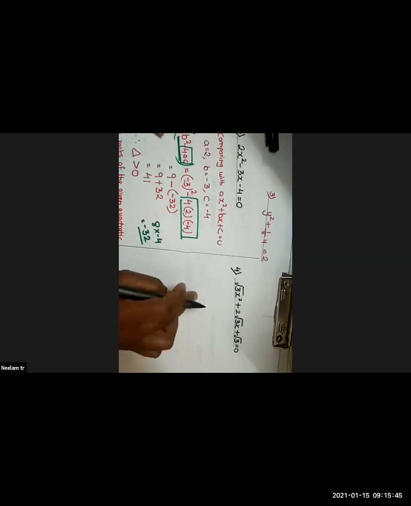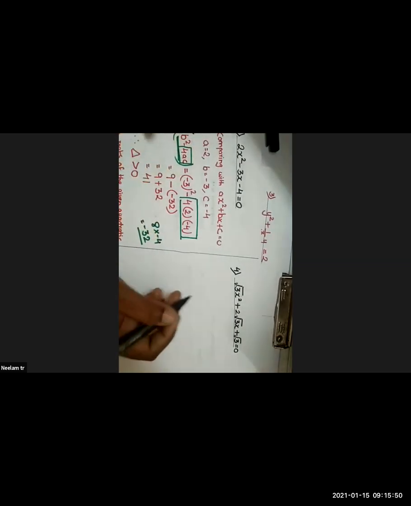Now your next example. See, this question is there in your textbook, and it was there in the exam also. In your exam also this question was asked. So similar to this, you're going to solve. How you're going to solve? Chalo, you're going to solve with me.